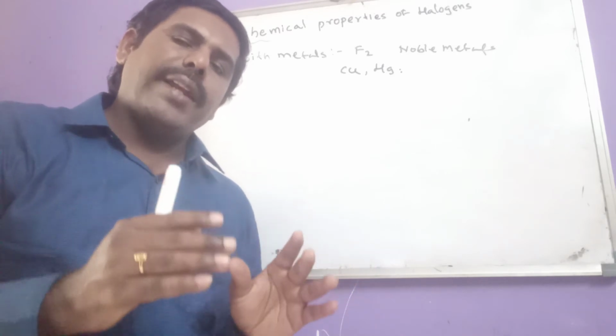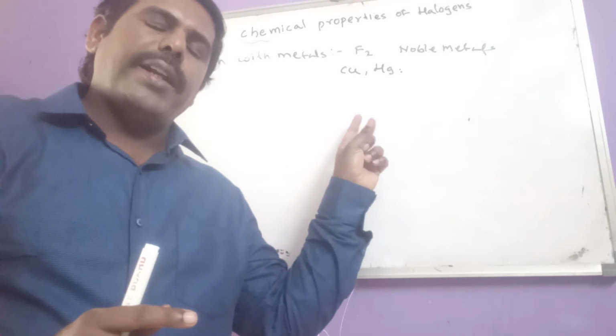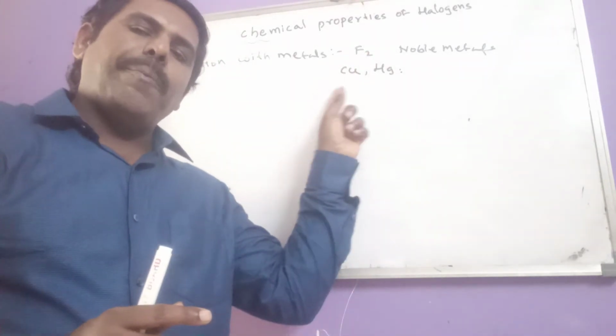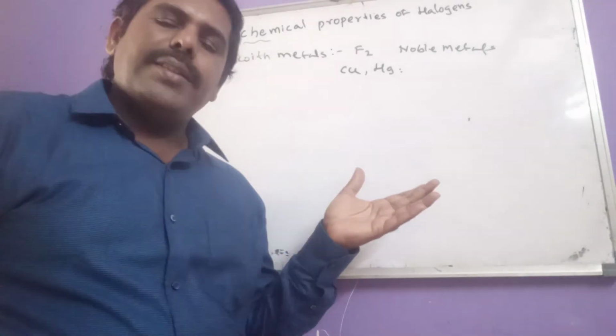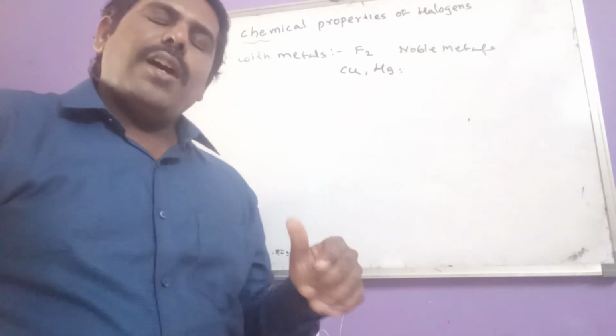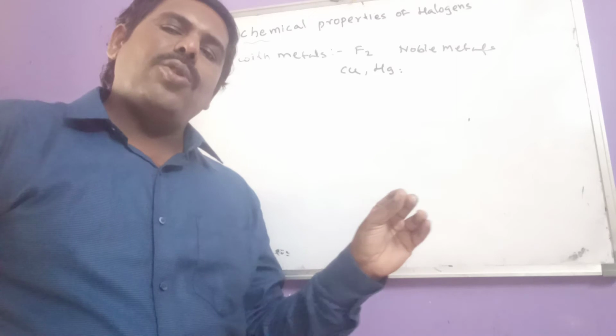That means they enter into a passive state. That is one important point regarding the reaction of fluorine with copper and mercury. Other halogens do not react with noble metals. Of course, they react with other metals but at a slow rate.